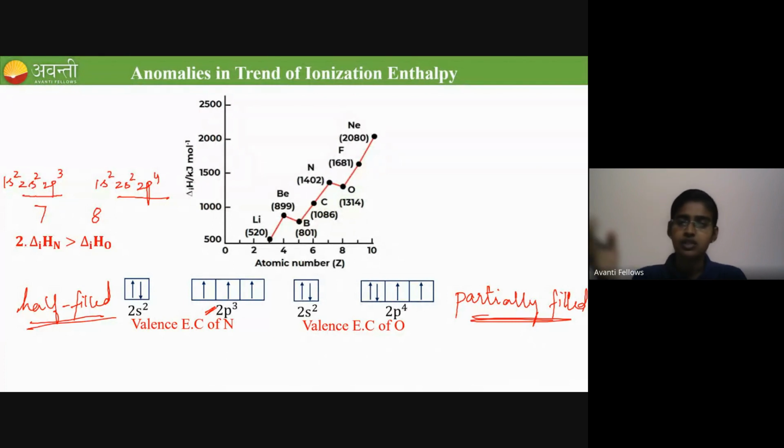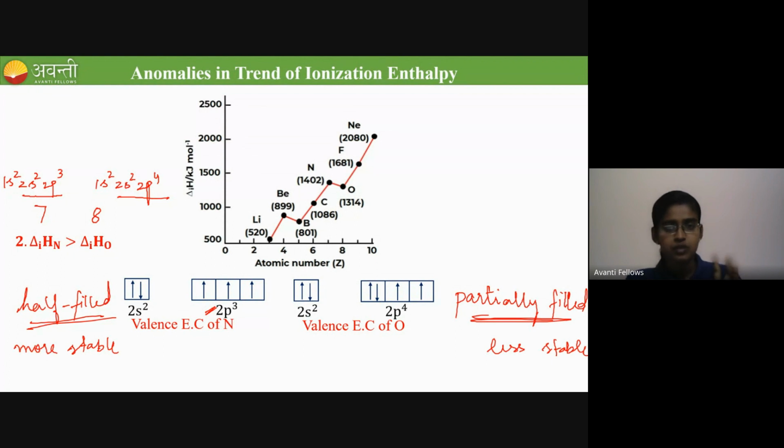Okay. Now oxygen is partially filled, nitrogen is half filled. Half filled configurations are more stable compared to partially filled configurations. I already told you the more stable system needs a higher amount of energy to bring that electron out.